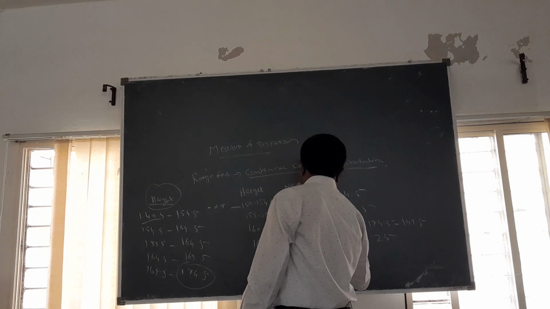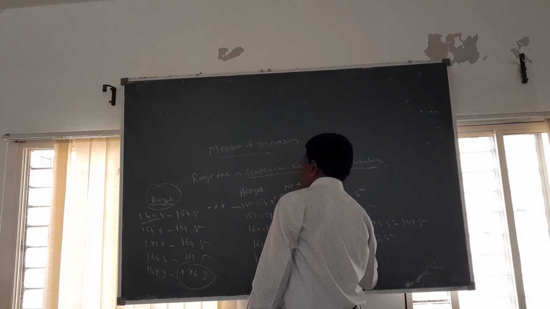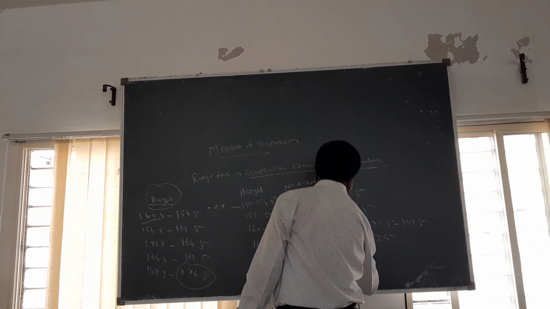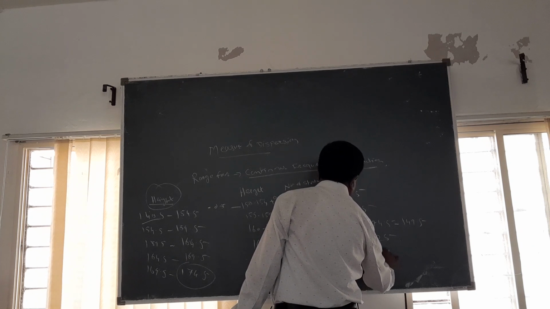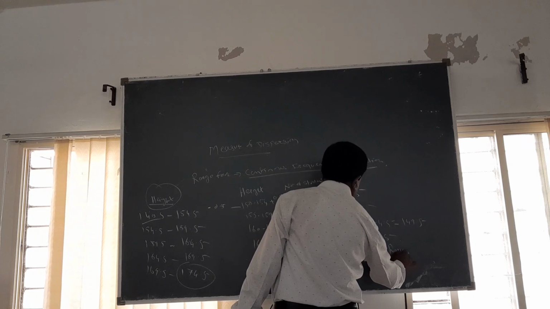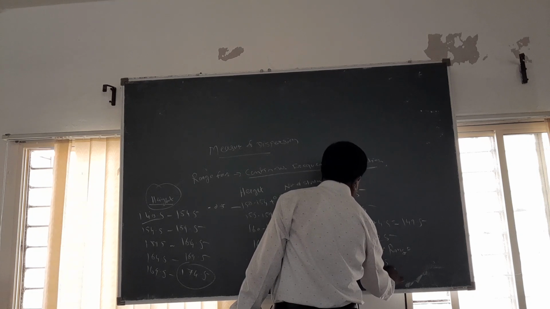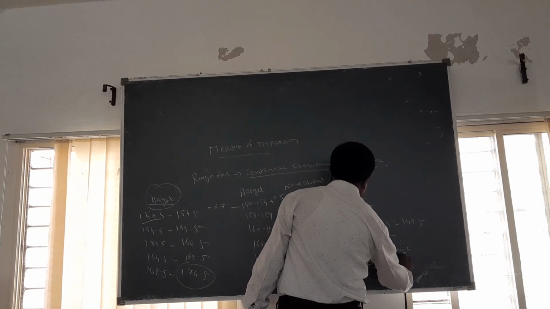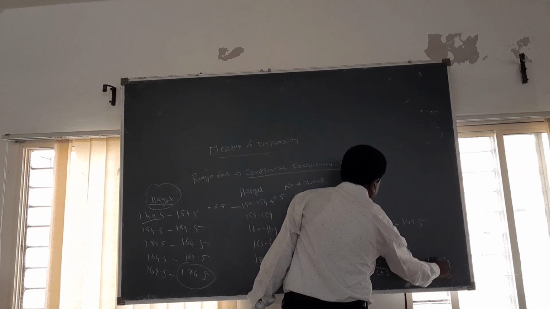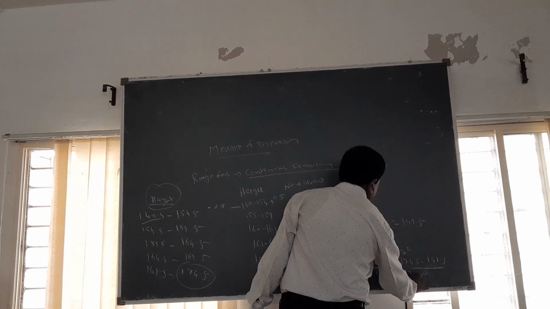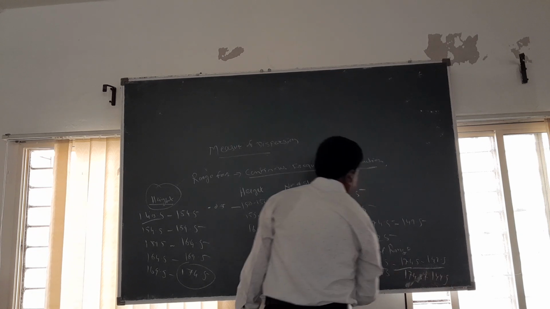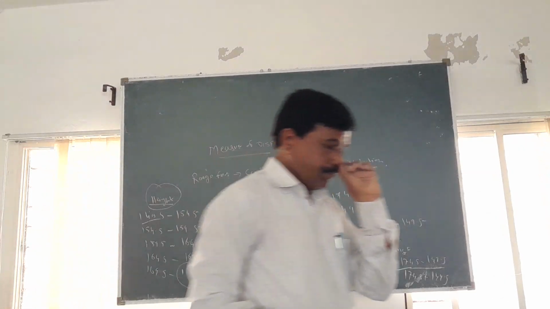And the corresponding relative measure of range, the coefficient of range, equals L minus S divided by L plus S, that is 174.5 minus 149.5 divided by 174.5 plus 149.5.